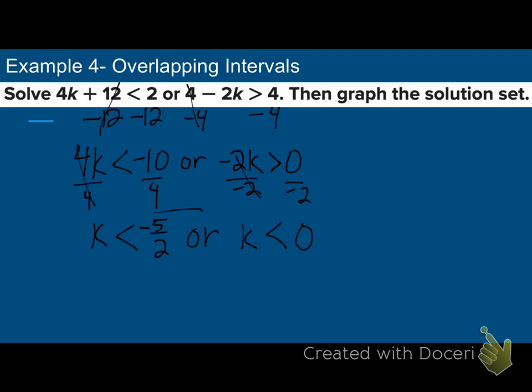So here is my solution to this compound inequality. K is less than negative 5 halves, or K is less than 0. So there's our solution. Now we need to graph it. If I were to convert negative 5 halves to a decimal, what would that be? Negative 2.5.